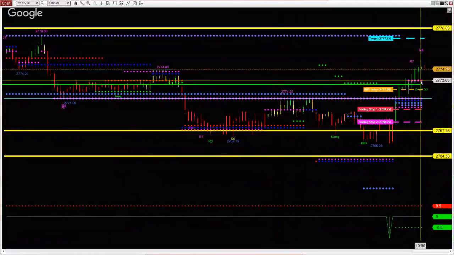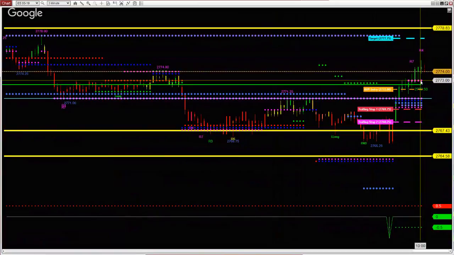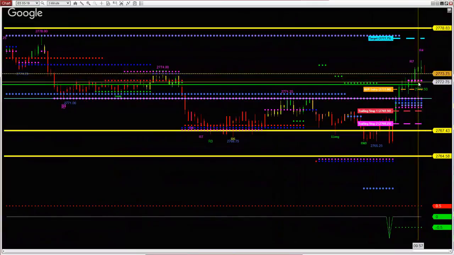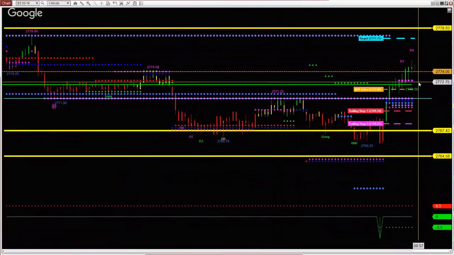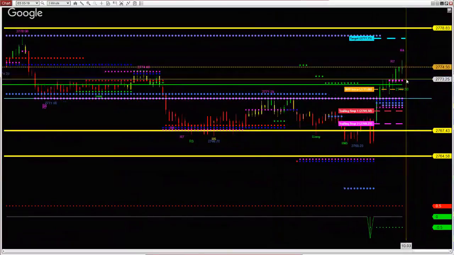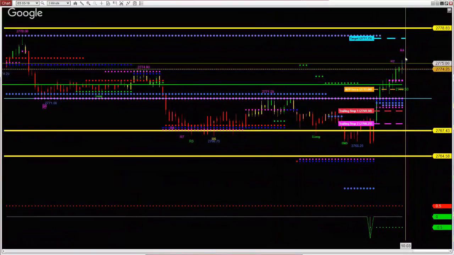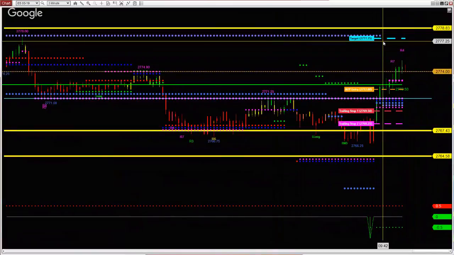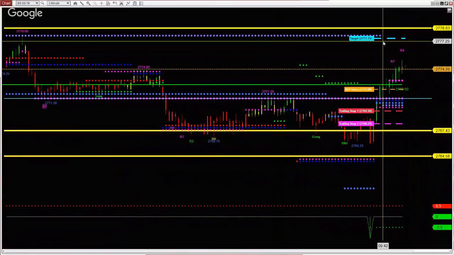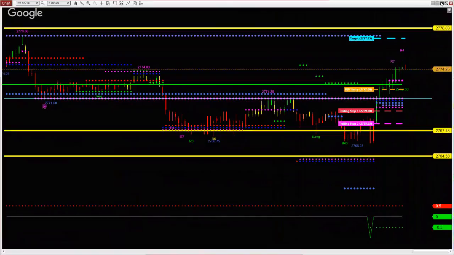But the resistance has become a support, and it is going back to confirm these numbers here at 72 level, 72, 75. And the probability on that trade, once it goes back confirming this number, is that it will be climbing to the 777. And this is where we're going to start looking for reversal on the ES.